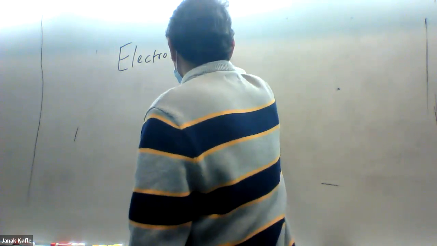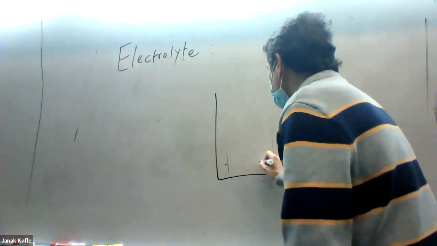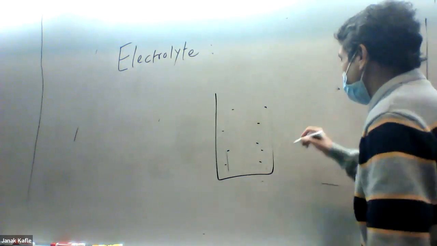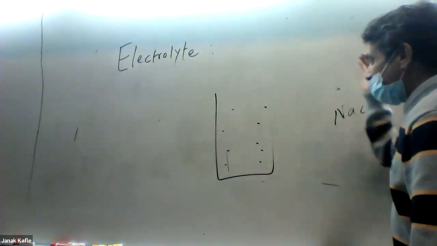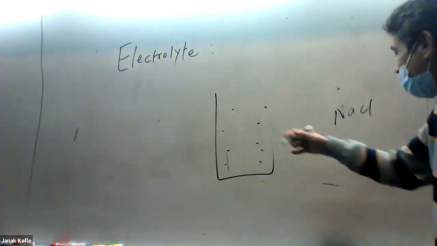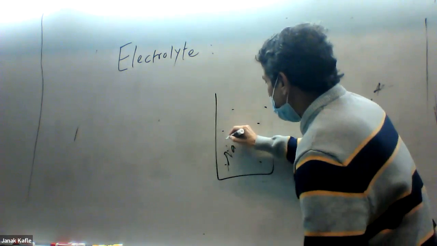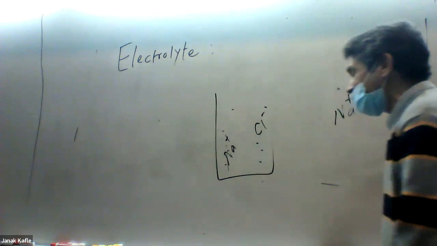So basically here we are defining electrolyte. We have water here, and we put some salt here, like sodium chloride. When I throw salt there, that becomes Na+ and Cl-. So some becomes Na+ and another becomes Cl-, like that.